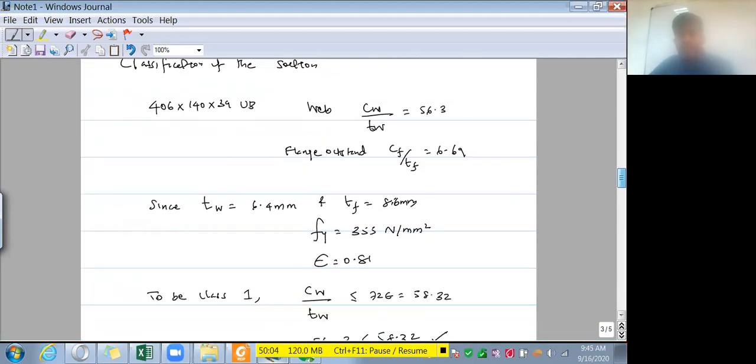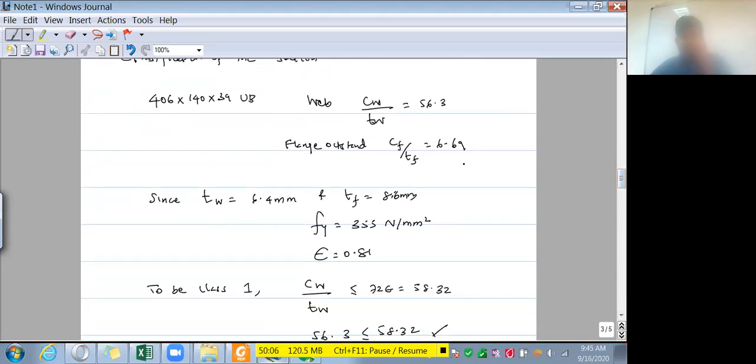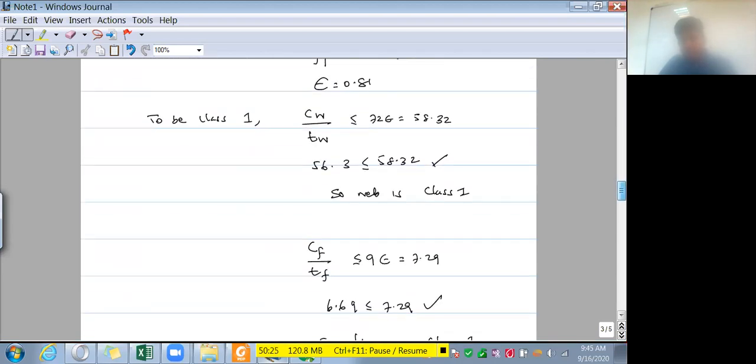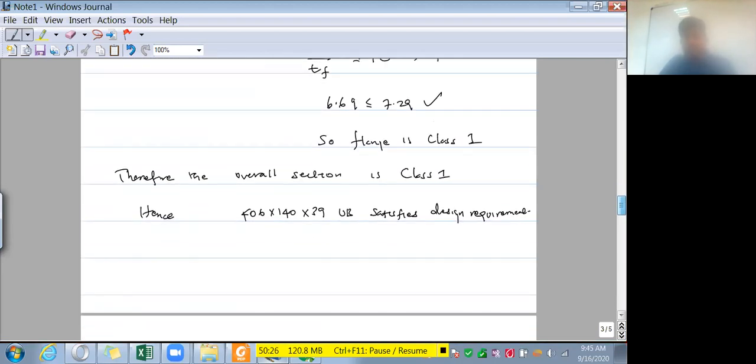Then we have validated that it is either class 1 or 2 and it has the yield stress that we assumed to select the appropriate section. After validating it, we confirmed that the section is capable to carry the required moment. Then we checked for shear.